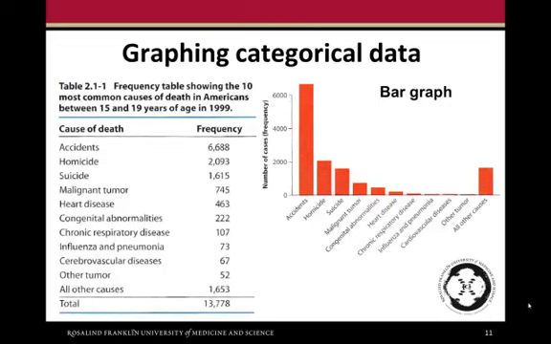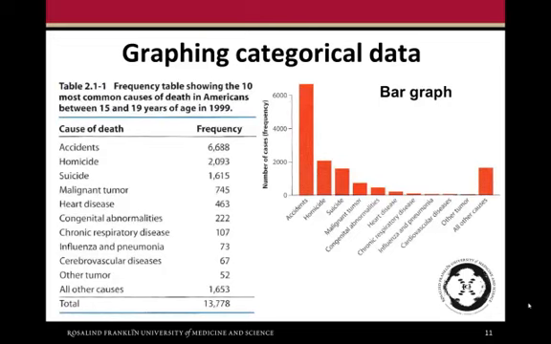But one important thing to notice is along the x-axis, these could be in a different order. There's no particular reason to put them in this order. They tend to be ranked from the highest frequency to the lowest, and then all other causes. But other than a visual way of looking at this, there are other ways to plot this as well. They would all be equally correct. So keep that in mind.